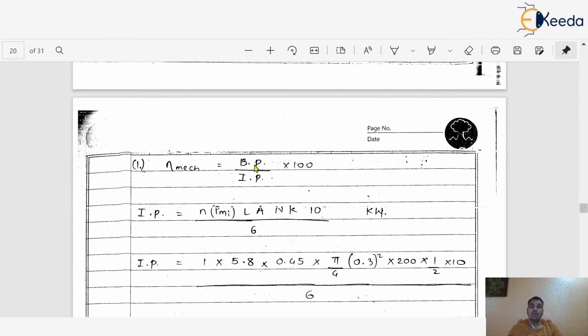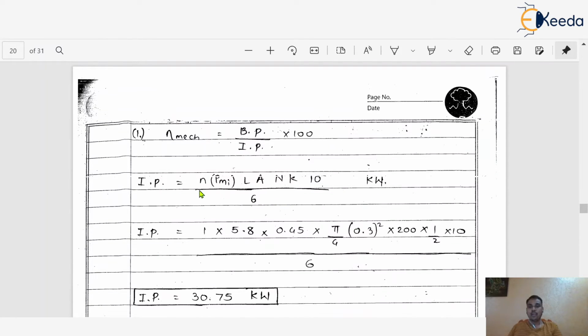So we have the formula: brake power divided by indicated power into 100. For the mechanical efficiency, we don't know the indicated power, and we don't know the brake power. So one by one we can calculate these thoroughly. The first one, the indicated power, we know the formula: N into P suffix M I into L into A into N into K into 10 by 6, and the value will come in kilowatt.